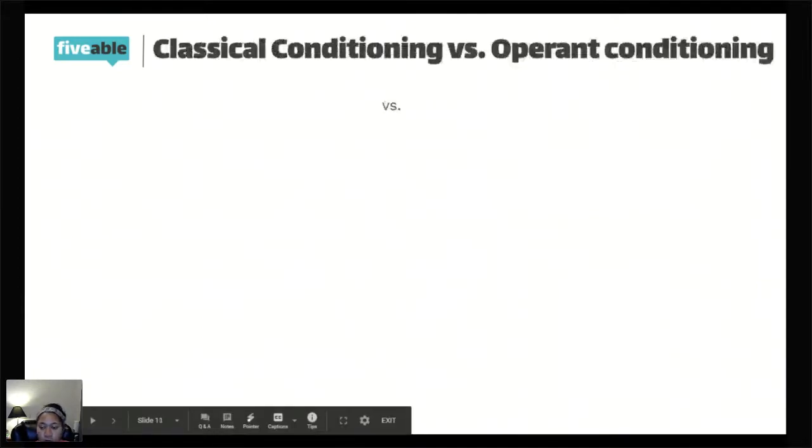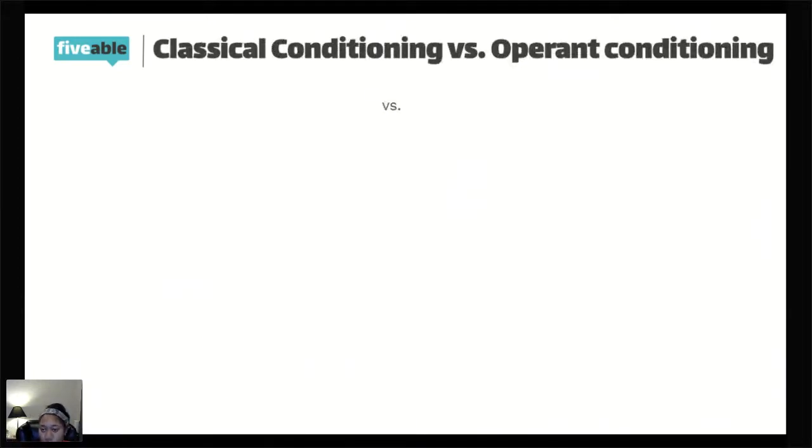All right, so now we're going to go into the differences of classical conditioning versus operant conditioning, just so we can answer these FRQs to the best of our ability, just to give a little background of what the two are. So does anyone know what classical conditioning is, or operant?